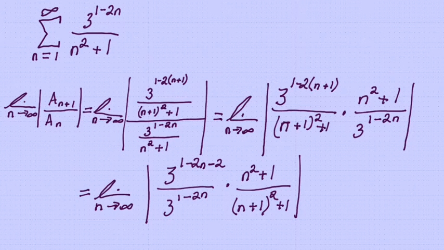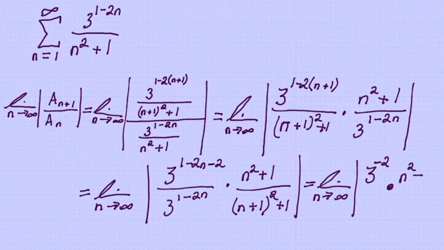Okay, because the numerators are going to relate to one another and the denominators are going to relate to one another, so you might as well group it that way. Then we can simplify. The 3 to the 1 minus 2n's will cancel, and I'll just have 3 to the negative 2 in the numerator. And then the n squared plus 1 over, and when I expand that, I'll get n squared plus 2n plus 2.